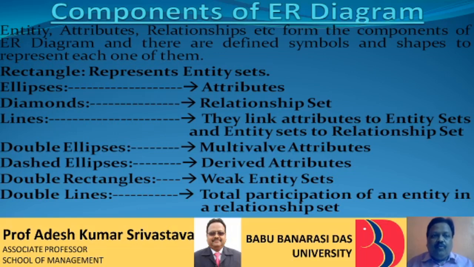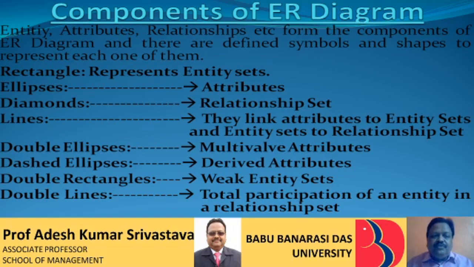Rectangle. We use rectangle to represent entity set. In the same way, we use ellipses to represent attributes, and we use diamond to represent a relationship set, and we use lines. They link attribute to entity set and entity set to relationship set.